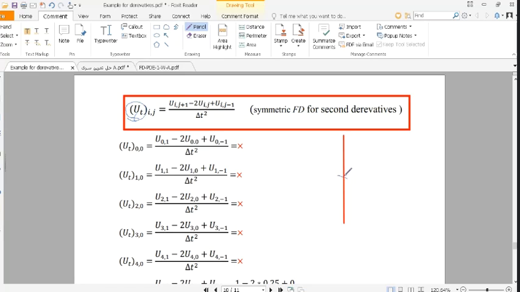Our point itself is u, i, and j. The previous point is in the previous line, and with the previous line, i is constant, and j changes to j minus 1.